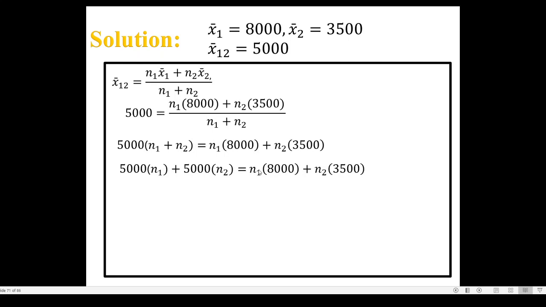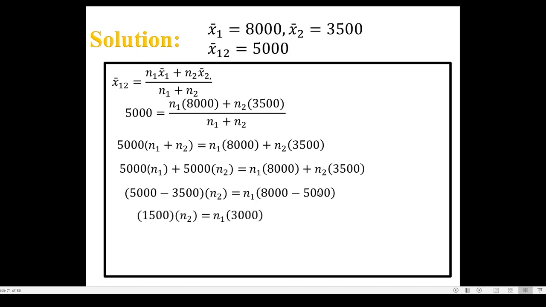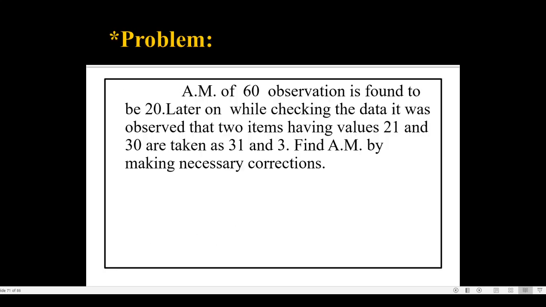If we take the same variable on one side, we get (5000 minus 3500) into n2 is equal to (8000 minus 5000) into n1, or we can write this as 1500 into n2 is equal to 3000 into n1. That is n1 is to n2 is equal to 1 is to 2. This is our final answer.